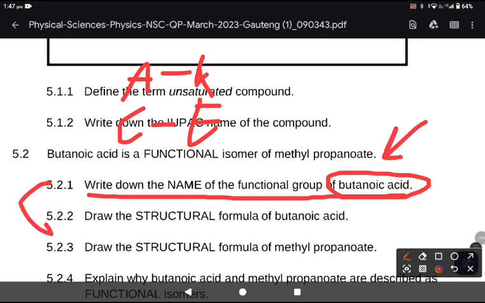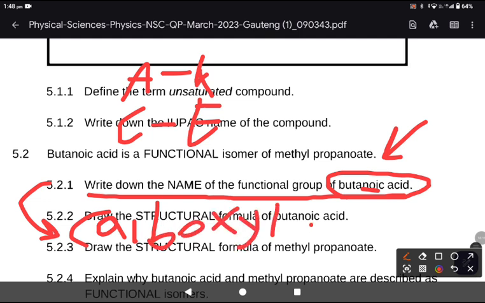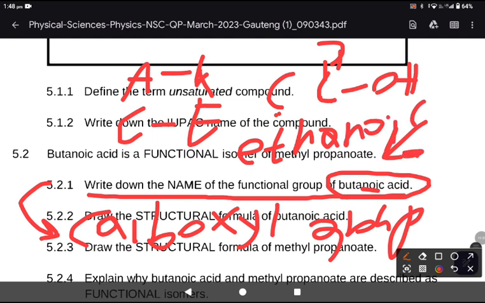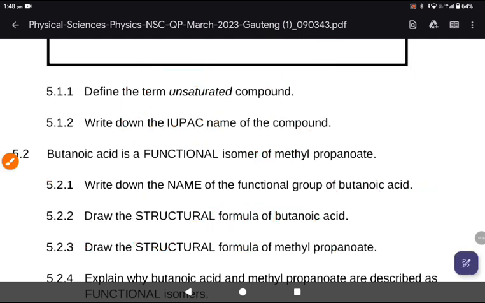So to answer this question, we know that these noic acids are carboxyl groups. If you haven't learned this, you have to refer to that video. If I have 1, 2, and I have a double bond and an alcohol, how do I name it? It's 2, so it's just going to be ethanoic acid. They are carboxyl groups.